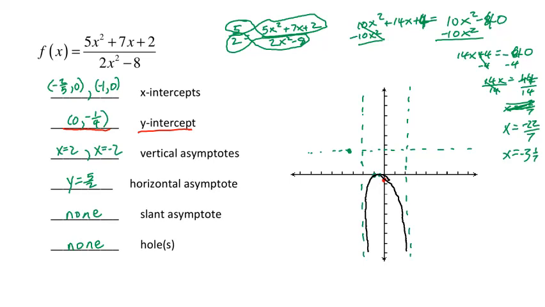One thing to note is what the denominator was. Remember that it was 2 times x minus 2 times x plus 2. If you notice that the power here is 1, so it's an odd value. Remember that for odd functions, one end is doing something different from the other.